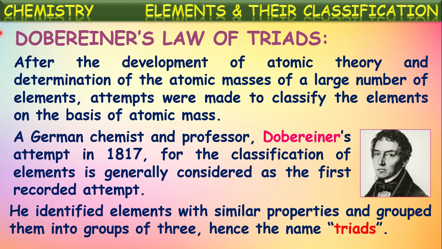He identified three elements having the same type of chemical properties, and he grouped them into a group of three. Hence, these are named triads. In honor of his name, they are known as Dobereiner's triads. Triad means a set of three elements having similar chemical properties.